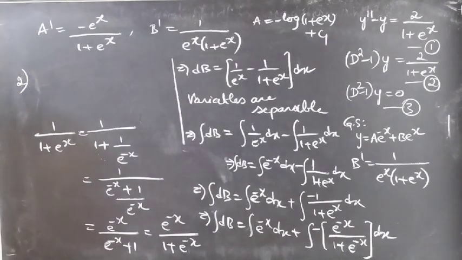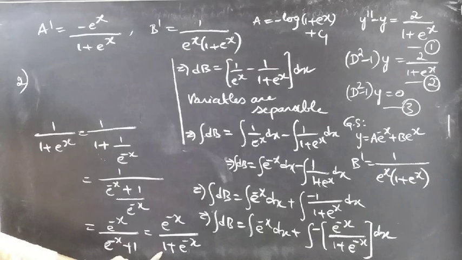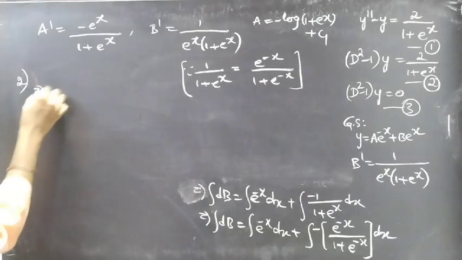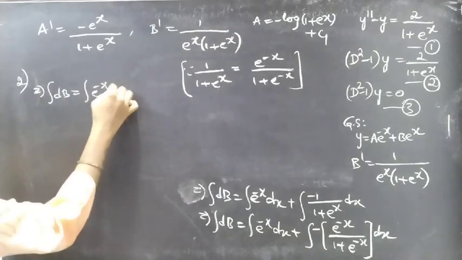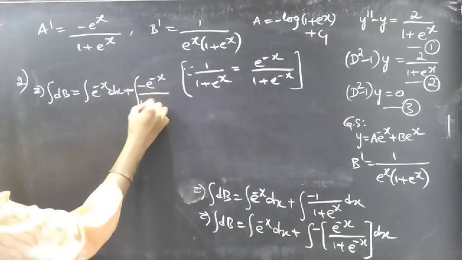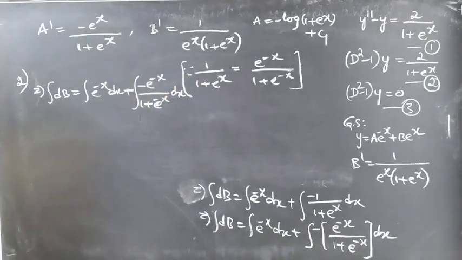We have just replaced 1 by 1 plus e power x with e power minus x by 1 plus e power minus x. This becomes integral dv equal to integral e power minus x dx plus integral minus e power minus x by 1 plus e power minus x into dx, right?